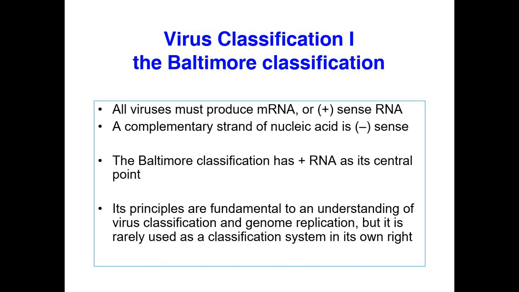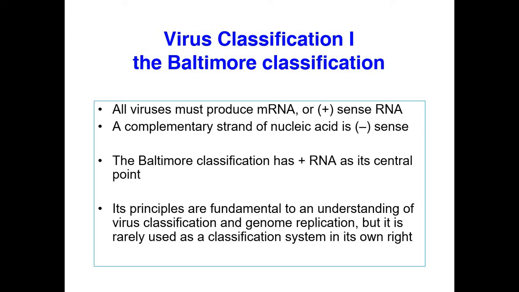Virus classification one: the Baltimore classification. All viruses must produce mRNA, or positive sense RNA, which is also known as messenger RNA, a complementary strand of the nucleic acid. Negative sense is complementary to the mRNA or positive sense RNA.